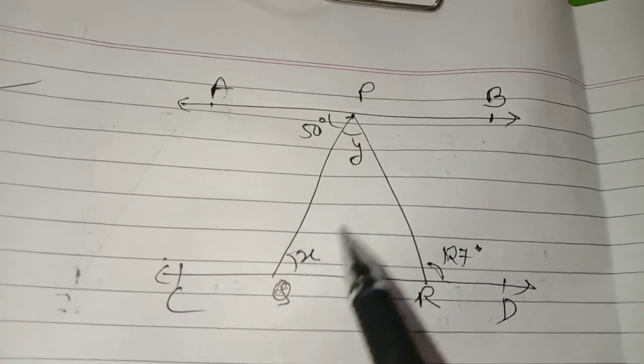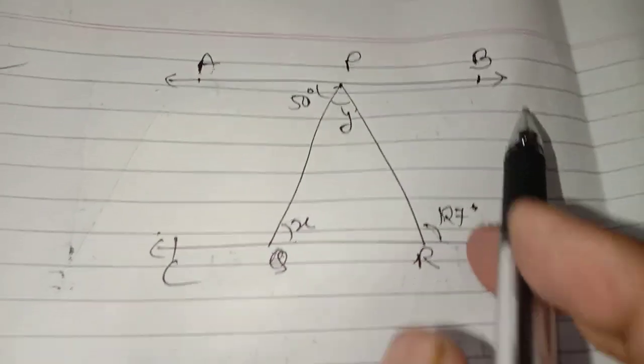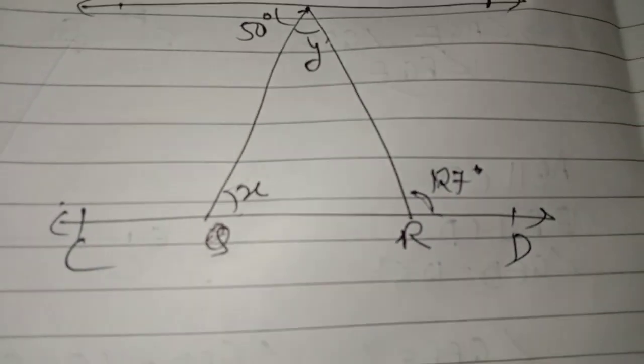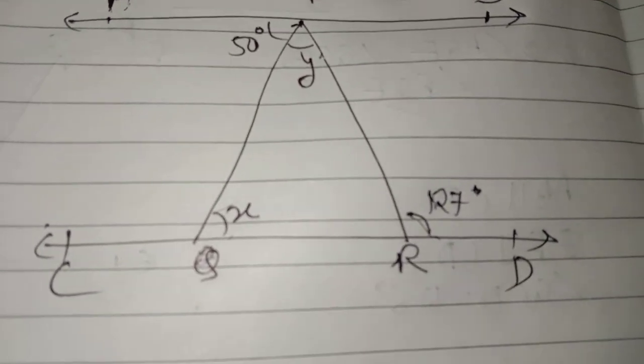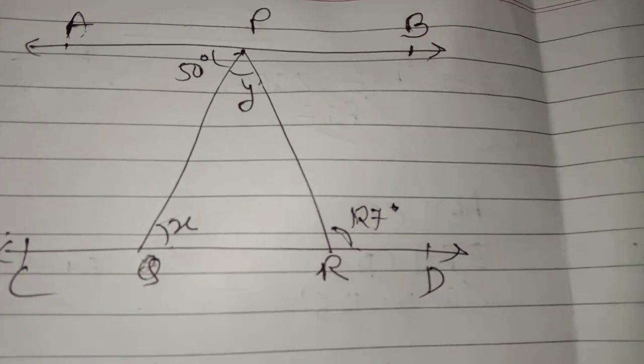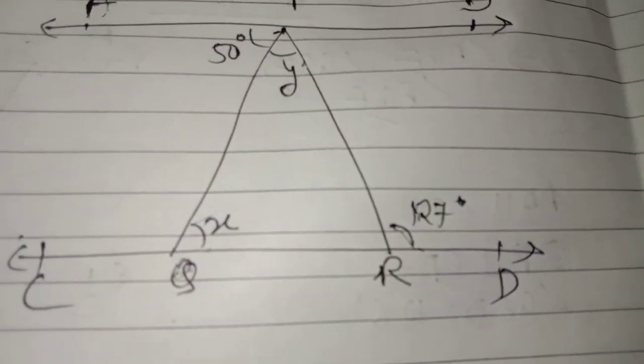So simply you have to find the value of X and Y. So what will you do here? Just see the diagram and think; you can get something very clearly, and then proceed.